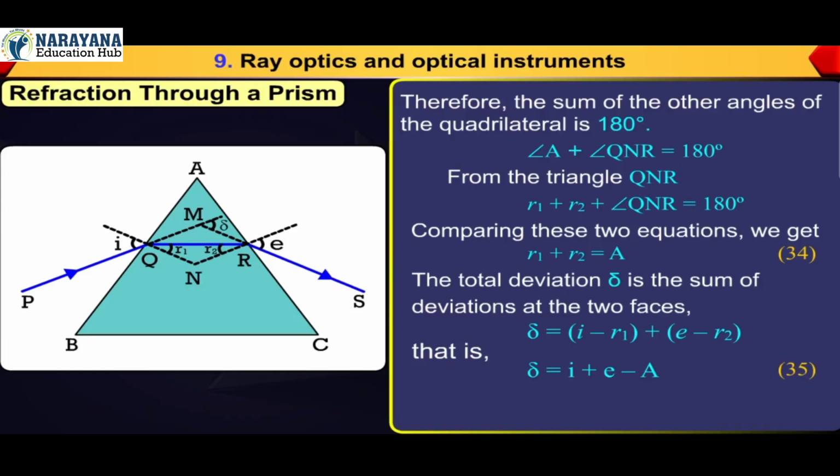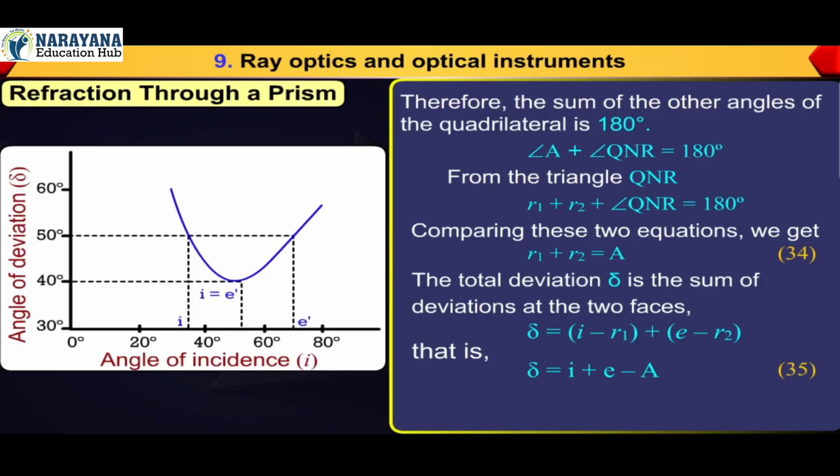Equation 35. Thus, the angle of deviation depends on the angle of incidence. A plot between the angle of deviation and angle of incidence is shown in the figure. You can see that in general, any given value of δ, except for i = e, corresponds to two values of i and hence of e.